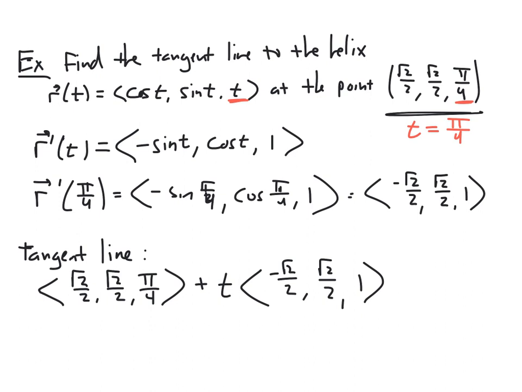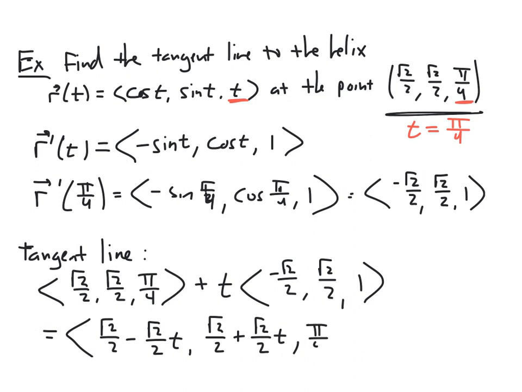And then we just combine this together. So in the first component, we get square root of 2 over 2 minus square root of 2 over 2 t. In the second component, we get square root of 2 over 2 plus square root of 2 over 2 t. And in the third component, we get pi over 4 plus t.